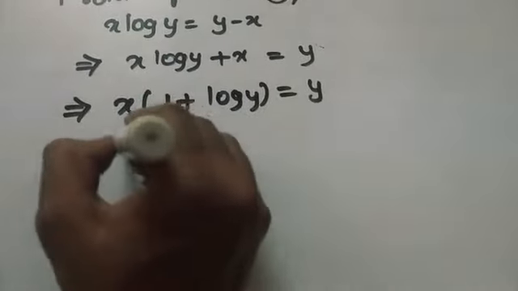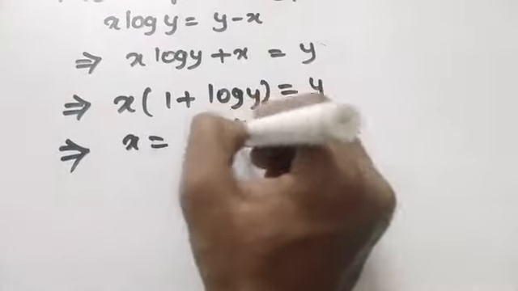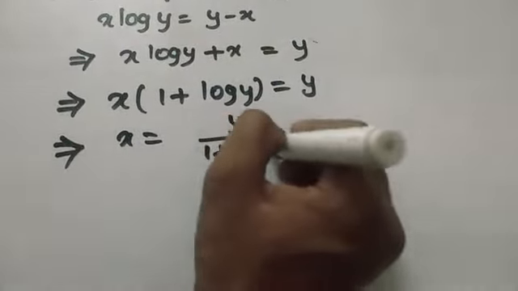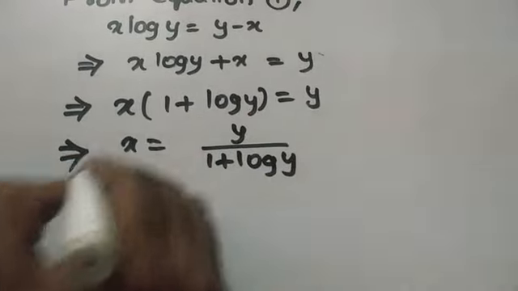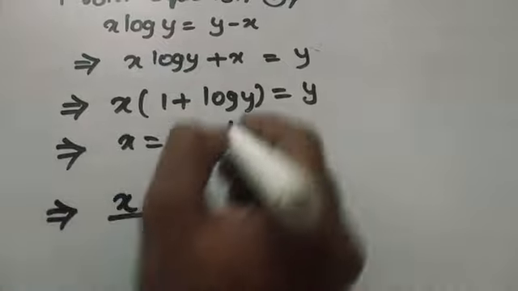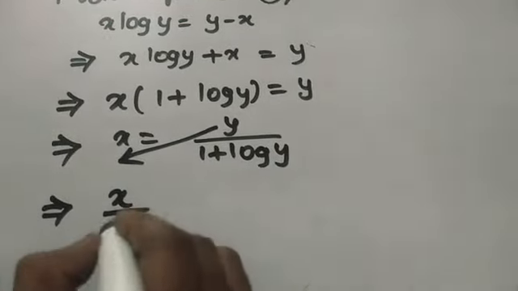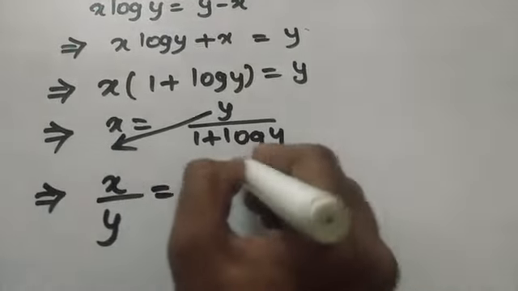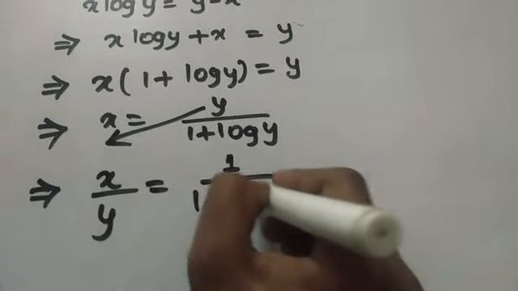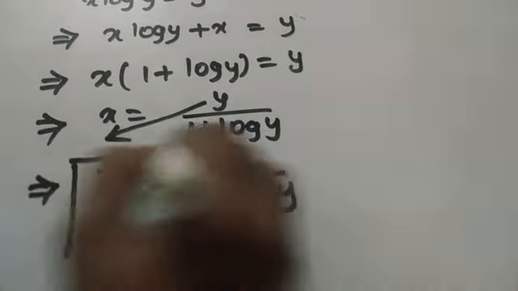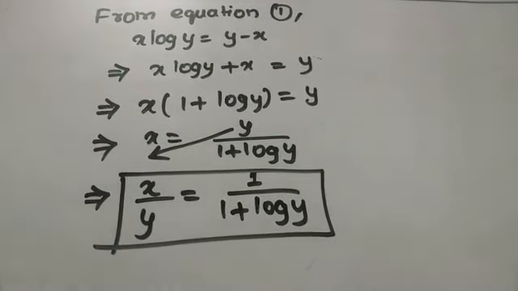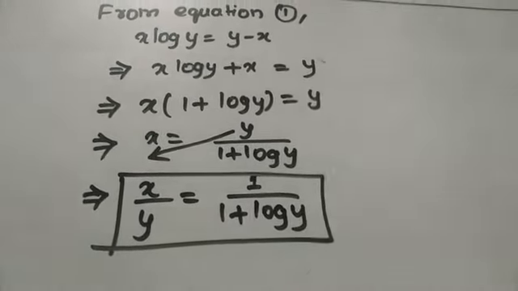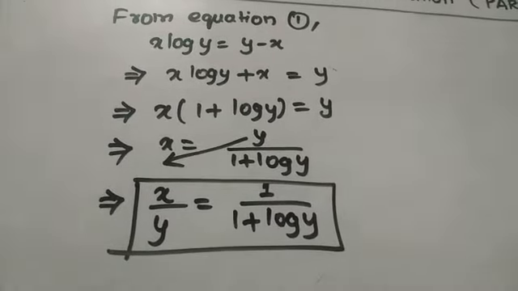Now shifting this 1 plus log y to the other side by cross multiplication, and shifting y to the left-hand side, we get x by y equals 1 by 1 plus log y. So we got the value of x by y. Now we'll put this value of x by y in our equation number 2.